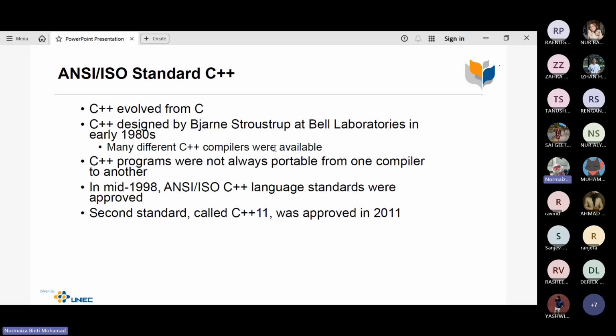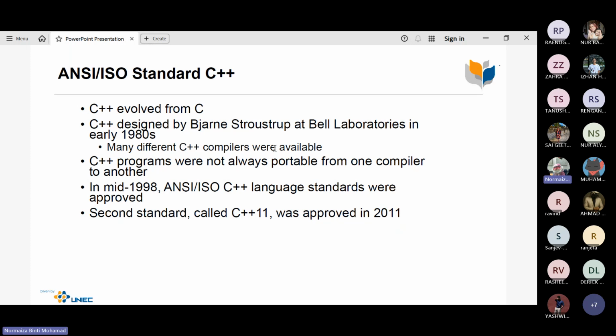The second standard, called C++11, was approved in 2011. The reason the ANSI/ISO C++ language standard was created was to ensure that these compilers, which in the beginning were not portable from one another, would be compatible or portable.